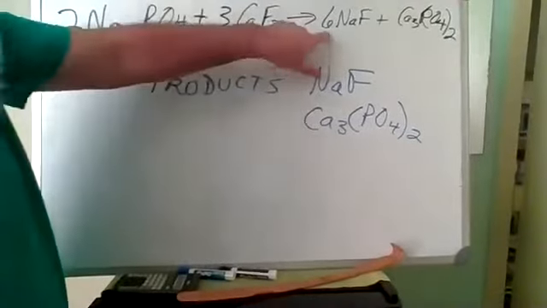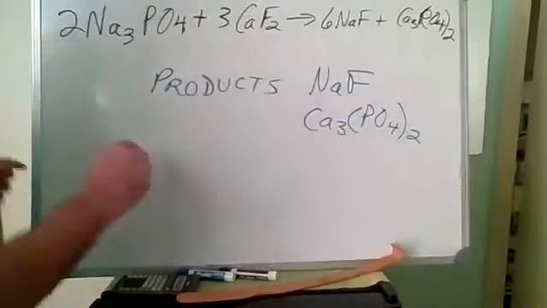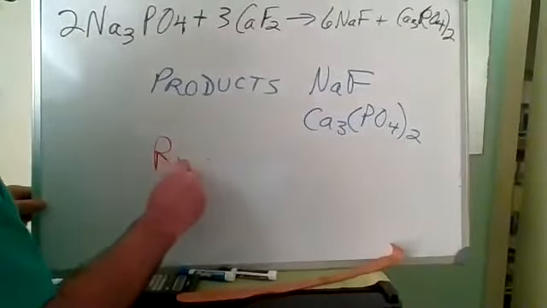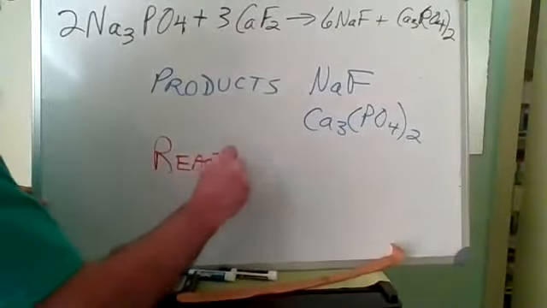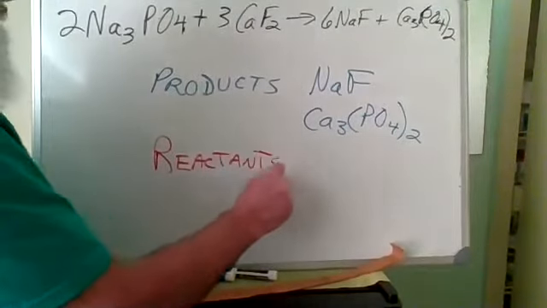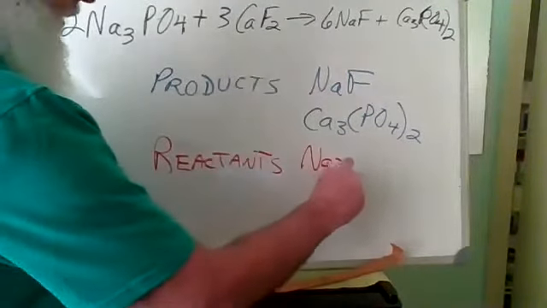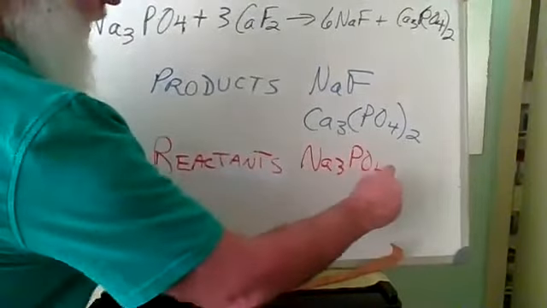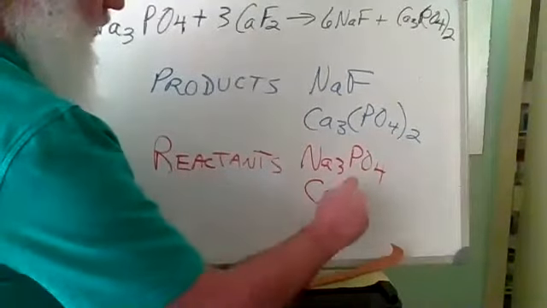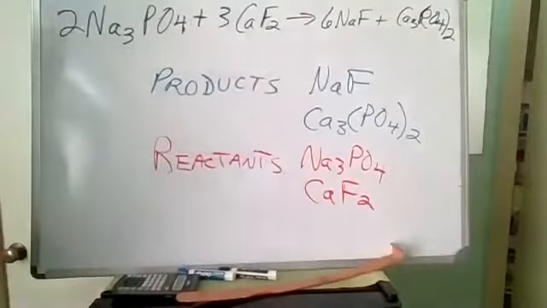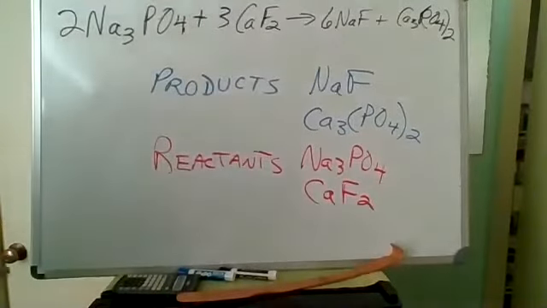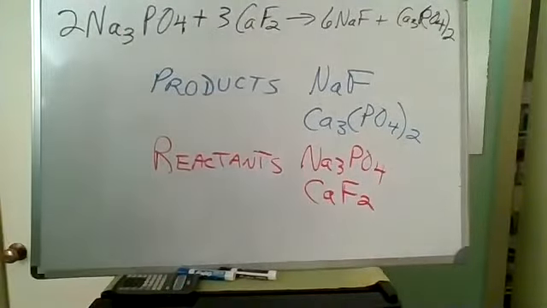We don't worry about the 6. The sodium phosphate and calcium fluoride. Na3PO4 and CaF2 are the reactants. Okay, so you're going to be asked that. And that's it. That's all there is. We're already spending way too much time on this for as simple a problem as it is.